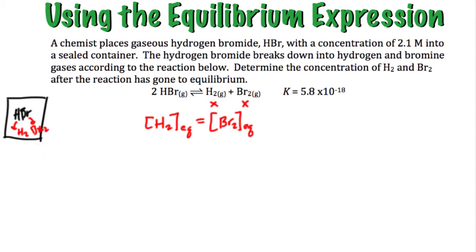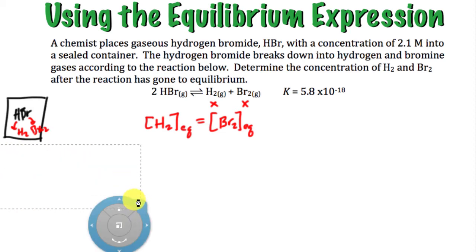Because every time two hydrogen bromide break down, it's going to make one H2 and one Br2. So we're creating these at the same rate. They will be equal to each other, and that's important because when we try to solve this, we're going to have to use that idea.